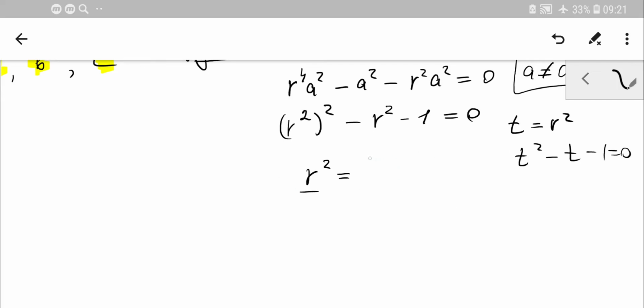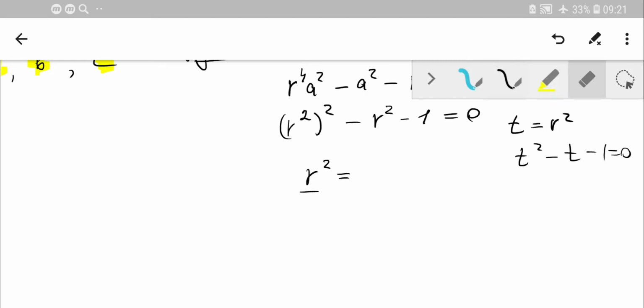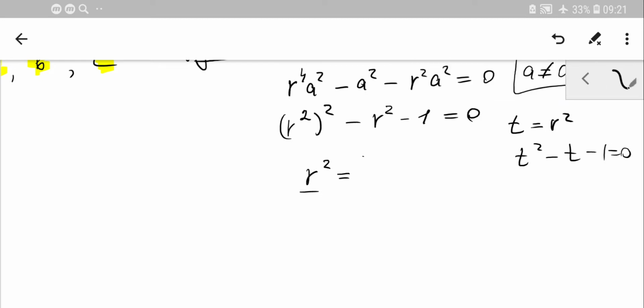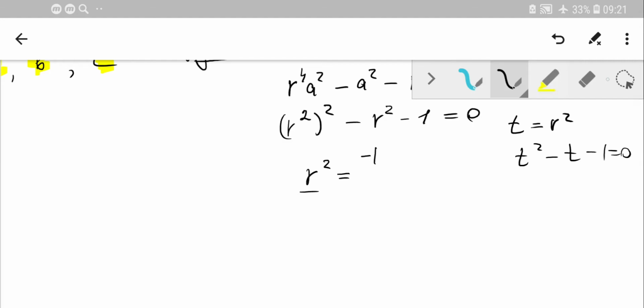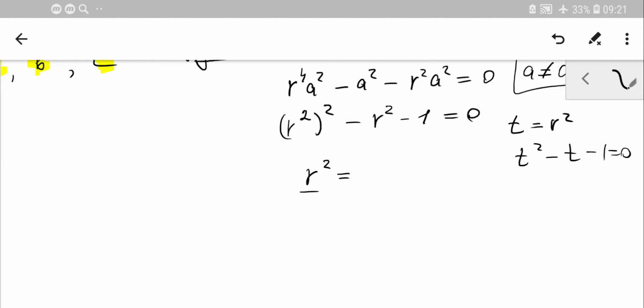So r squared is, I just use the quadratic formula, it's minus minus 1 plus or minus the square root of the discriminant. In this case the discriminant is 1 minus minus 4, so 1 plus 4 is 5, the square root of 5, over 2.